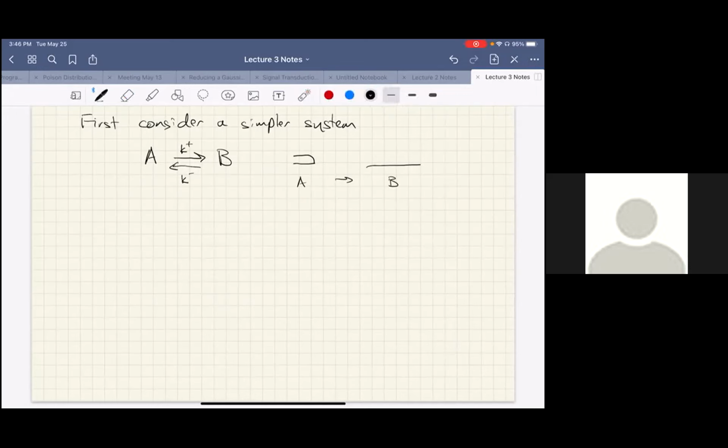Using what we just talked about, I can represent this system as a system of differential equations.